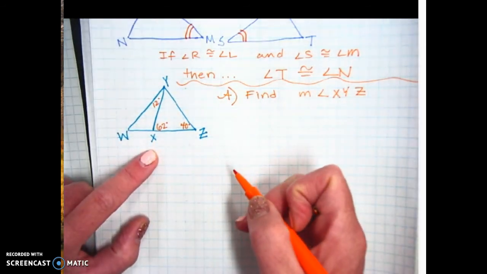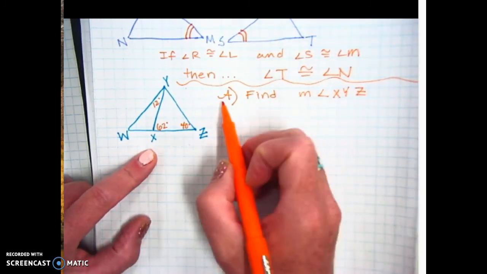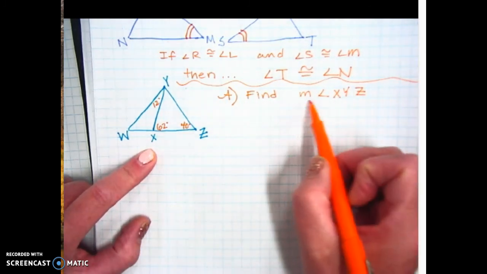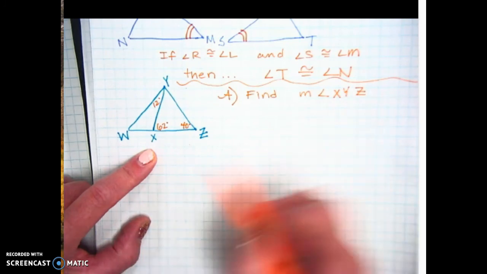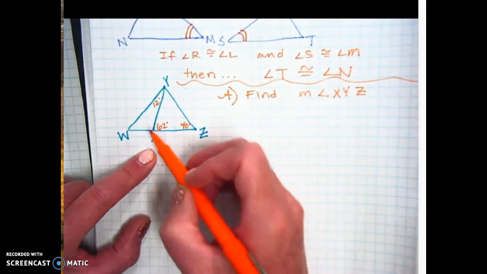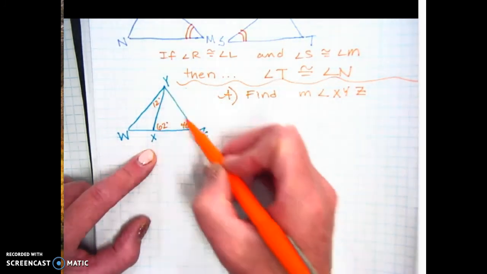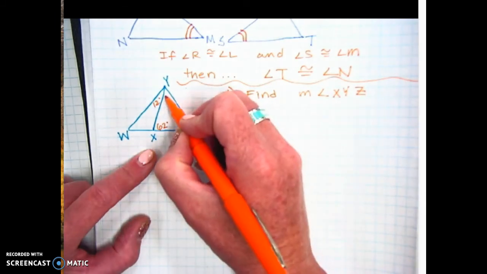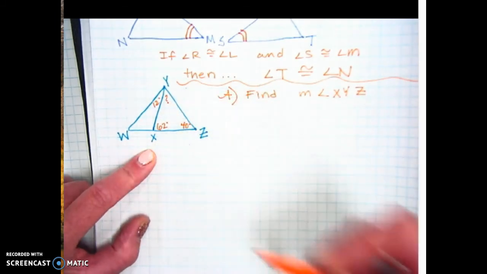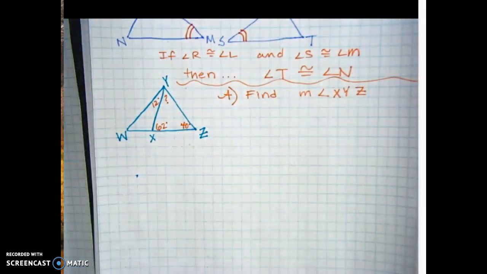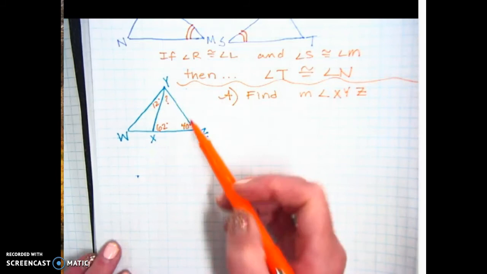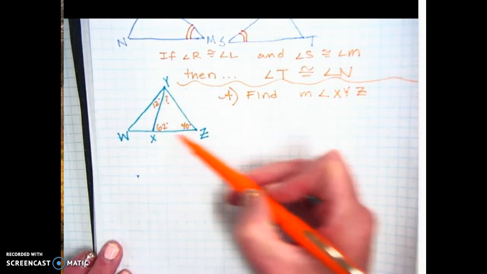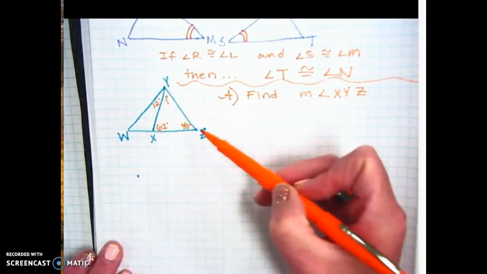No? All right. So the directions for part A say find the measure of angle XYZ. So you're going to take your finger or your pencil and you're going to tap it out. Here's X, here's Y, here's Z. So they want this angle right in here. I'm going to put a question mark, or you could put X. Whatever works, okay? So this angle right here is part of this triangle inside that's on the right, okay?